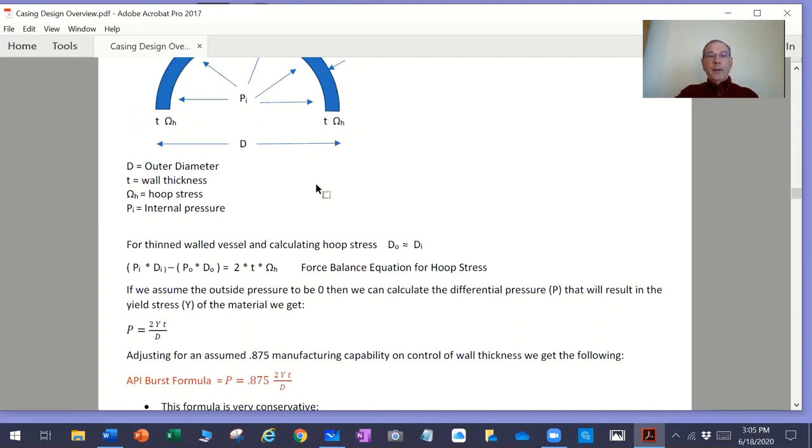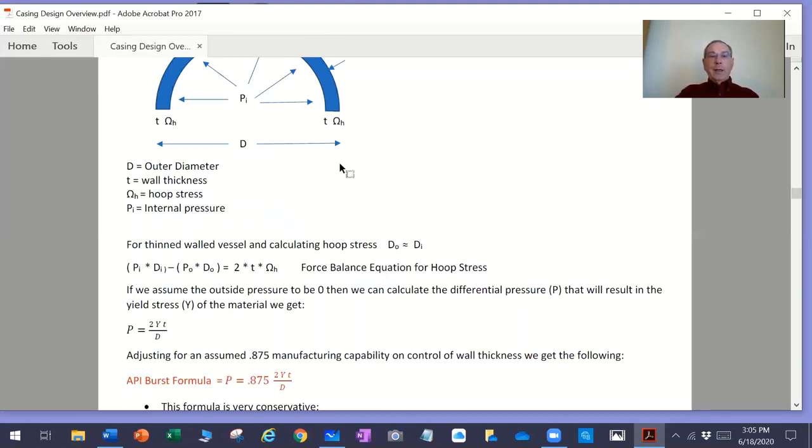So for something very thin-walled, if we take the pressure on the inside times the diameter of the inside minus the pressure on the outside times the diameter on the outside, that is going to equal 2 times the wall thickness times the stress. So that's just a force balance equation for hoop stress on this.